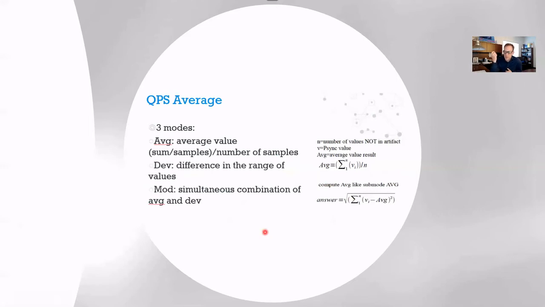So let's say site A had an average coherence of 5, but site D had an average coherence of 2. The difference would be 3. So now we're training that difference to go up or down, to make them more similar or more different from each other. QPS mod is the most recent incarnation of this.